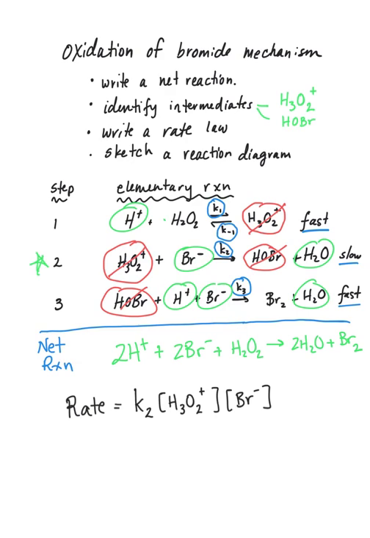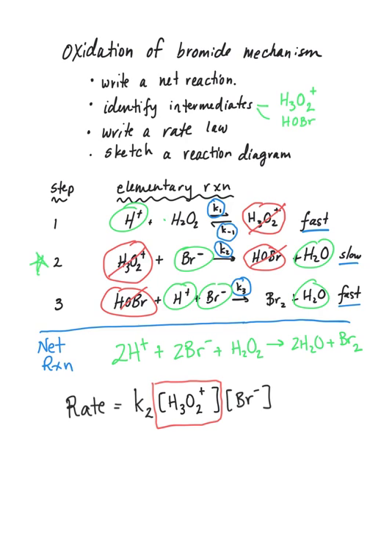So our rate of reaction looks like this: K2, the rate constant from step number 2, multiplied by the concentration of H3O2 plus cation, multiplied by the concentration of bromide anion, which is all well and good, except that this substance, H3O2 plus, we've already identified as an intermediate in the reaction. It doesn't show up in our overall net reaction, and therefore there's no way for us to track it directly.